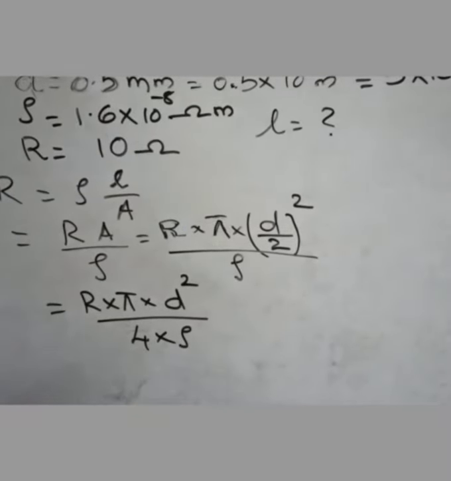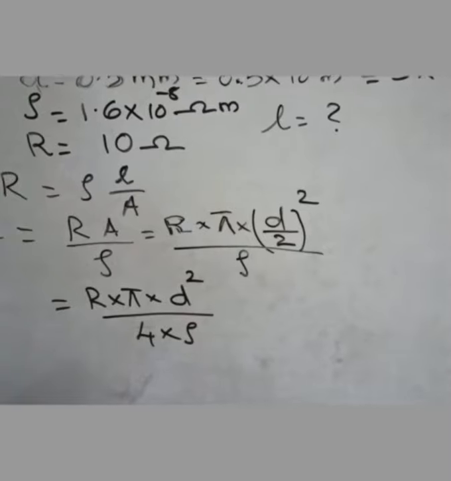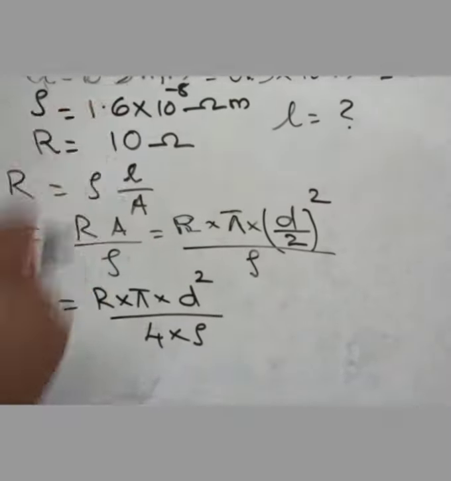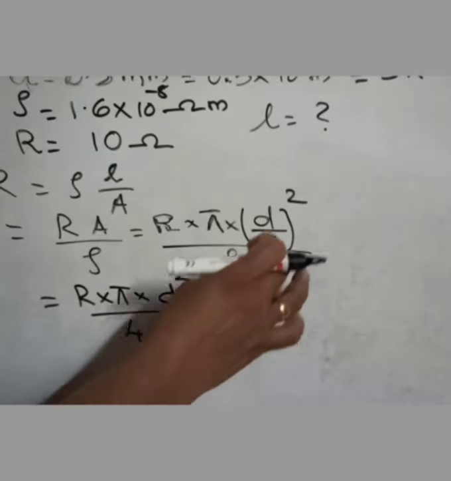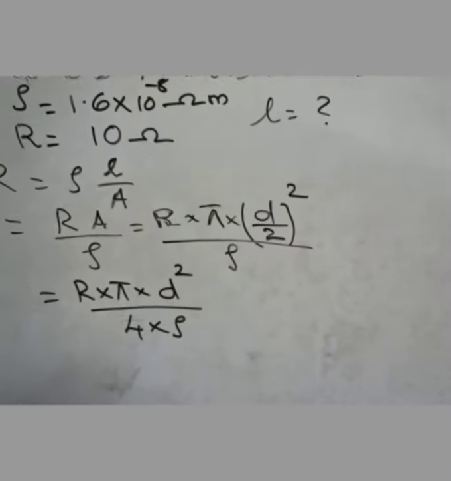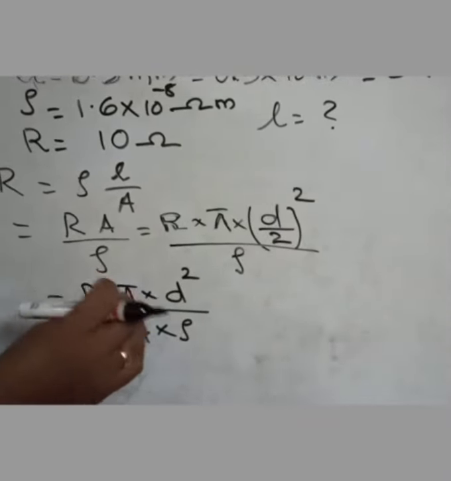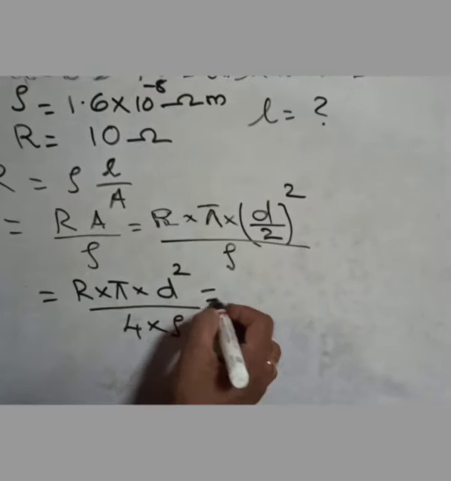This is easy. Otherwise, if a question comes with 2.5 millimeter and all, you have to take the half. So this is the easy method. You write d by 2 instead of writing r. Now you can easily substitute the values.